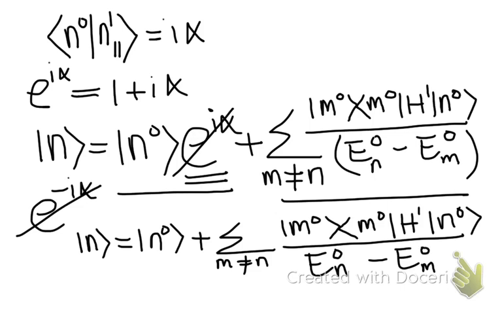So this equation over here gives me my eigenstates or my wave functions corrected up to first order, right?